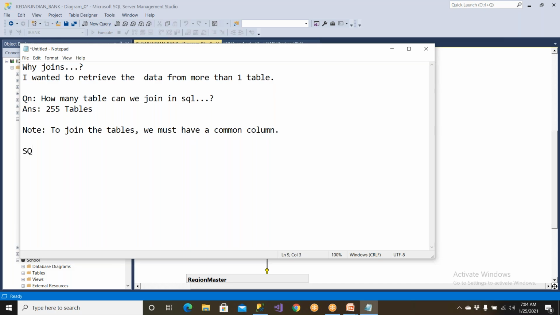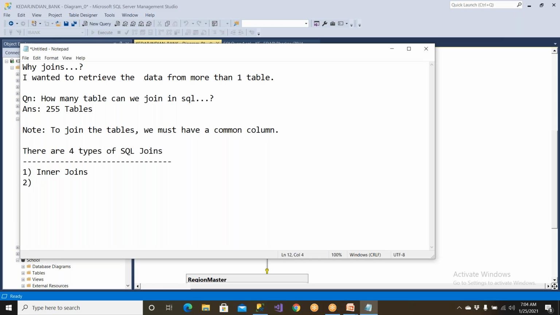Clear? So in SQL, there are many types of joins, but there are four types of SQL joins that you need to learn. You can have a lot of joins, but primarily these are very, very important joins. One is called inner join.